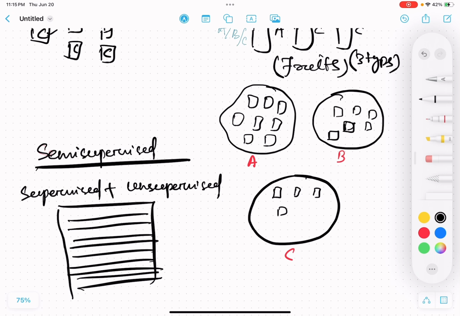Now a small group of this data set, maybe this much of the data set, is labeled, and this labeled data is used to identify the pattern, and then that pattern or that model is applied on the rest of the data set, right? So this is what is called semi-supervised machine learning.